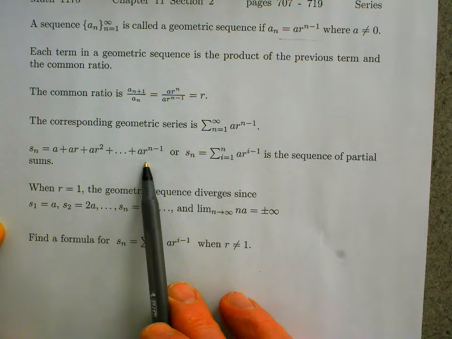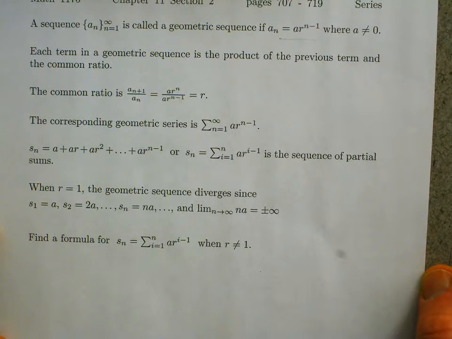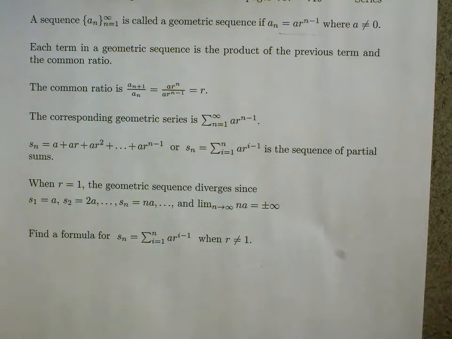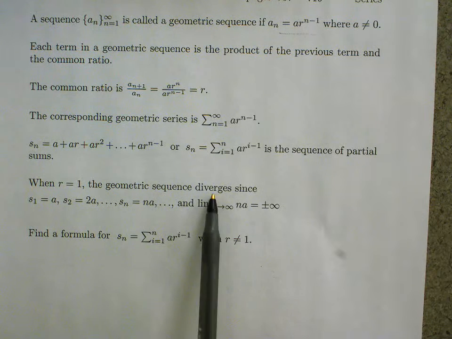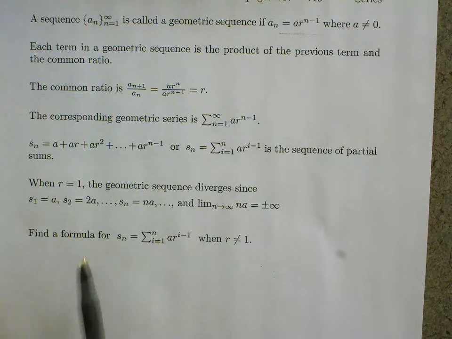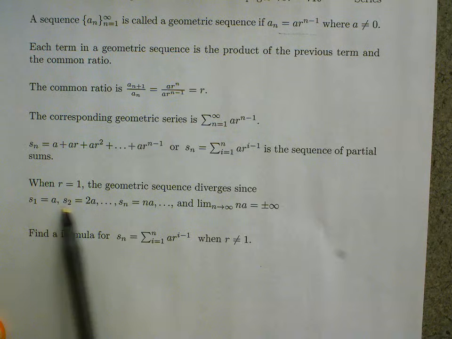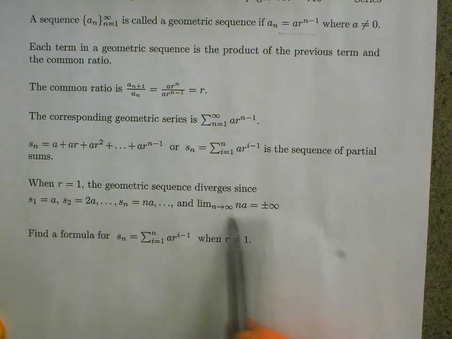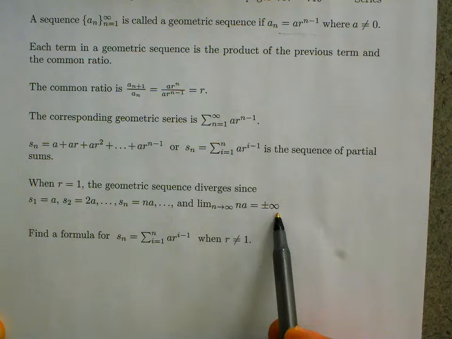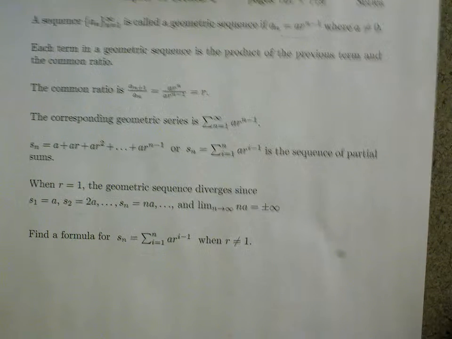The last term is a times r to the n minus 1. When the common ratio r is 1, the geometric sequence diverges. Because the terms are a, 2a, and so on, n times a. So if you take the limit as n approaches infinity, you just end up at either positive infinity or negative infinity, depending on whether a is positive or negative.